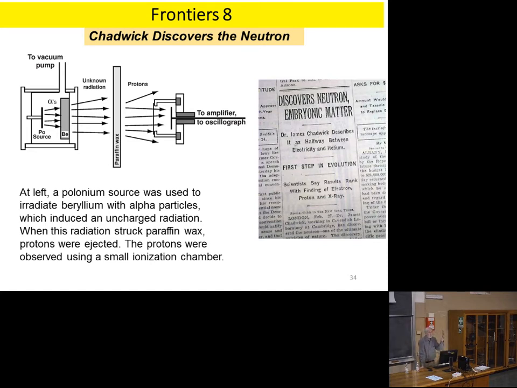He used some paraffin, and out of the paraffin they made protons, which he detected. And basically, after observing them in an ionization chamber and all the checks, this became the proof of the existence of neutral particles like the proton, the neutron. So the discovery of the neutron was made by this experiment by Chadwick.